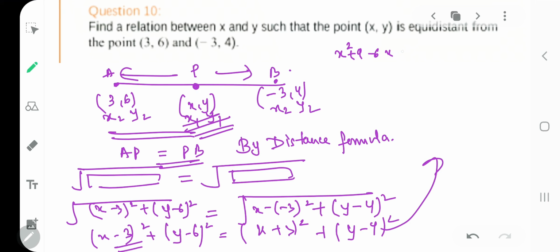And if I open up y minus 6 the whole square, I'll get y square plus 36 minus 12y. And on the right hand side, I'll get x square plus 9 plus 6x. And if I open up y minus 4 the whole square, it will be y square plus 16 minus 8y. You have to put all the like terms together, that is y square, x square terms, numbers together, y together, and finally, my dear kids, you will get the answer something like this.